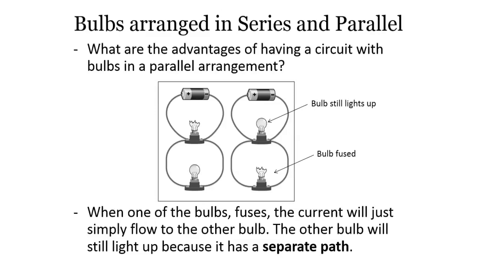But if one car is stuck in front of one lane, then all the other cars will not be moving. The same with the series circuit. If one bulb fuses, then all the other bulbs will not be working. But in the parallel, if one fuses, the other bulbs will still light up.